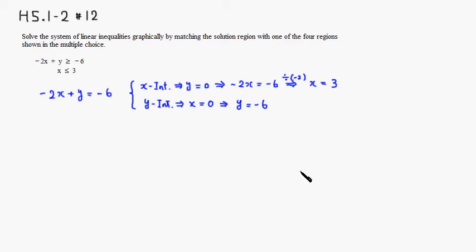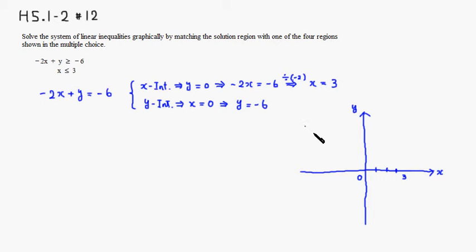So here is the x-axis. Here is the y-axis. I'm going to go straight down for the y-axis. The x-intercept is 3, so it's 1, 2, 3, right here.